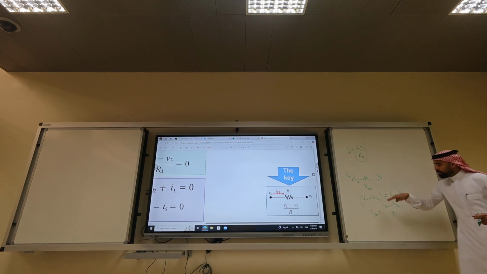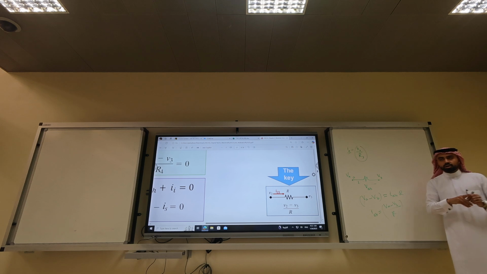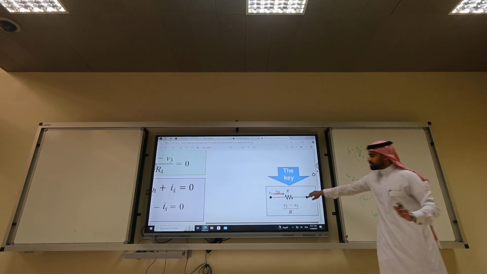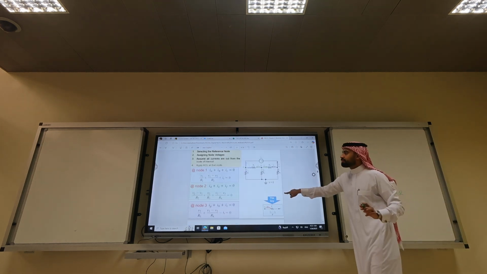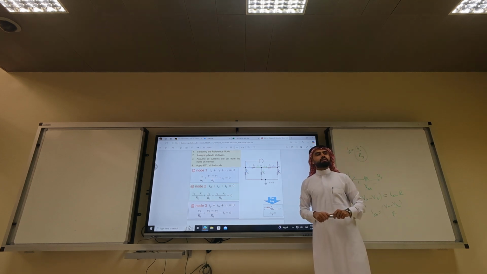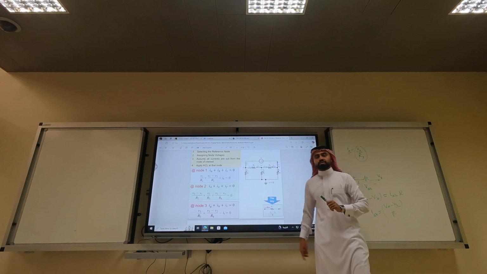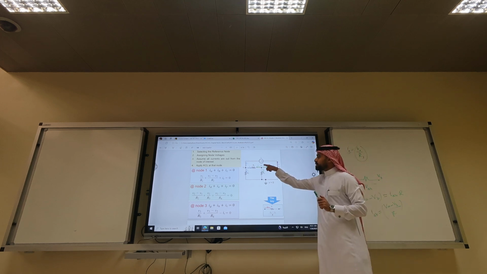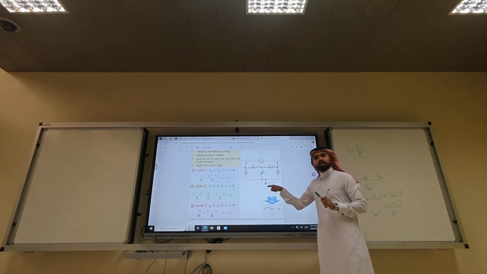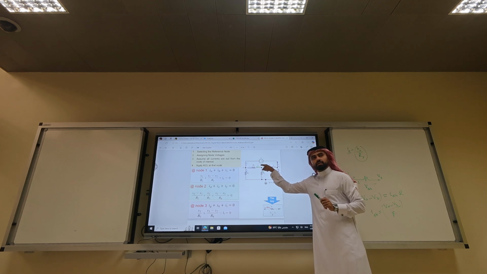Now, if we have minus something, we must have a reference in our circuit. So step number 0 is you have to select where the ground is. And now the ground comes in as a useful case, and now we see why it's important. Because if you have the ground, if you know the voltage here is 5, we're measuring it with respect to 0 volts here. If this ground was 1 volt, this has to be 6, because 6 minus 1 is 5.